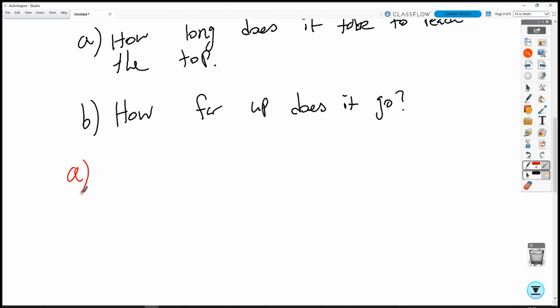So if it stops for a moment, it means that at the peak of its height, its final velocity is going to be 0. So we'll use v = u + at.